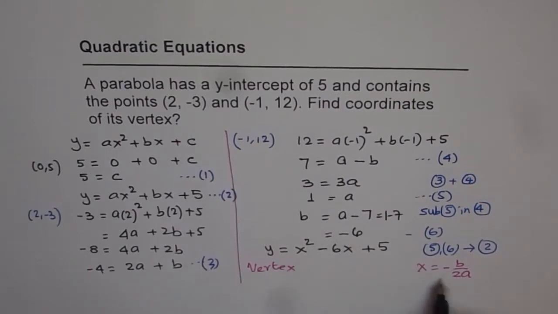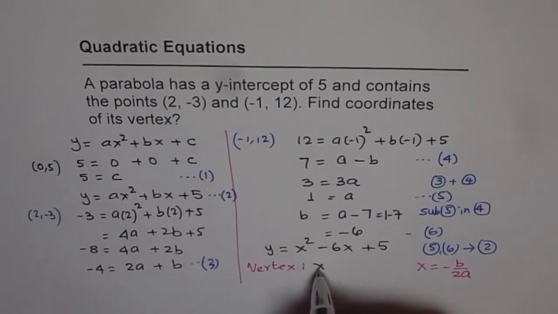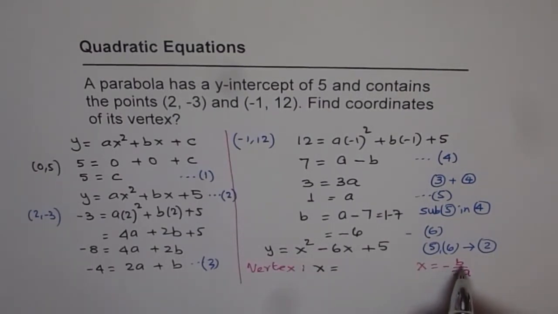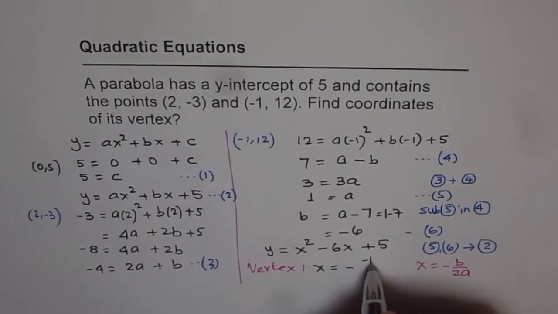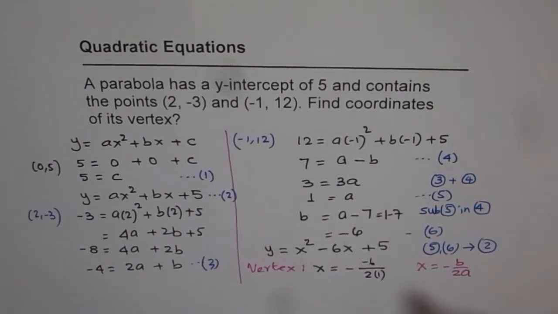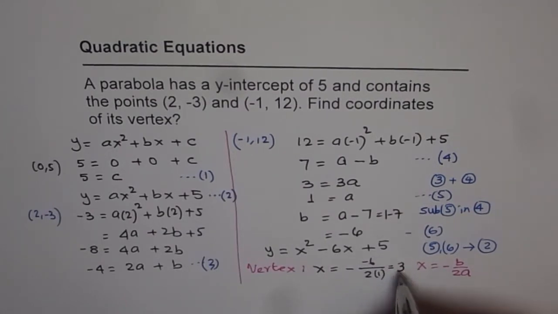So for the vertex, x = -b/2a. Let us substitute and get the value of x first. x equals minus of b, where b is -6, upon 2 times a, 2 times 1, correct? That gives 6 divided by 2, which is 3.